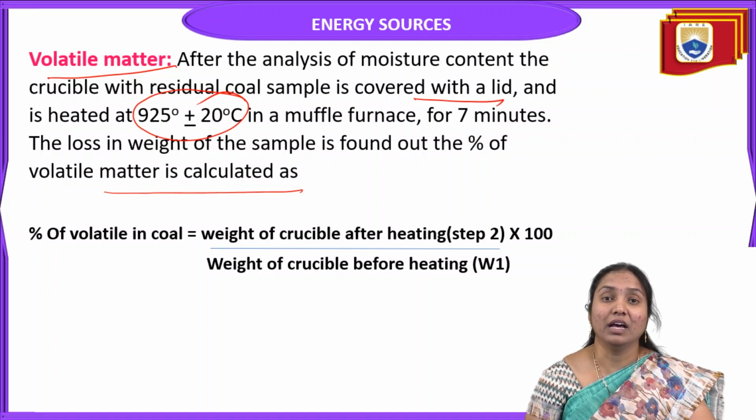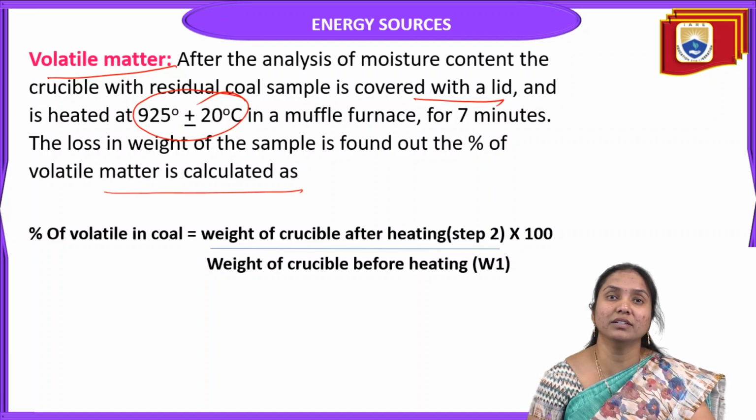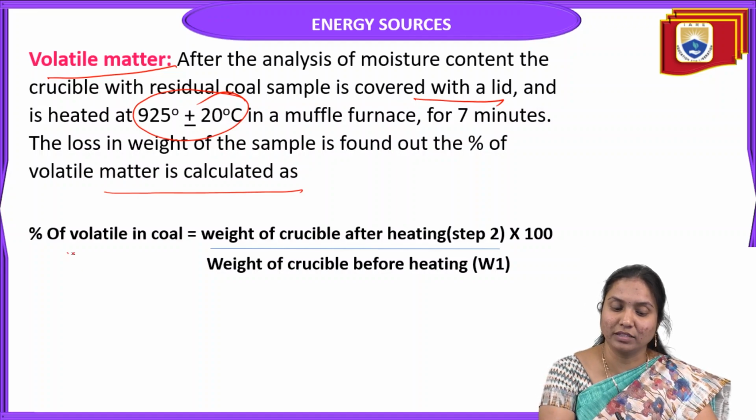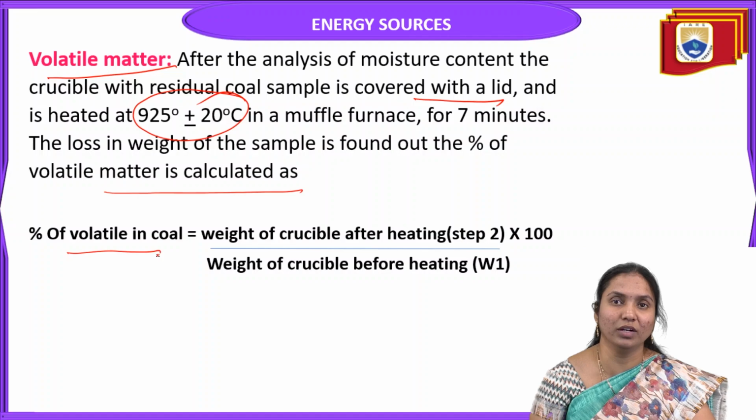The loss in weight is expressed as the percentage of volatile matter present in the coal sample. So how can we calculate volatile matter? Percentage of volatile matter in coal equals the weight of crucible after heating divided by the weight of crucible before heating, into 100.